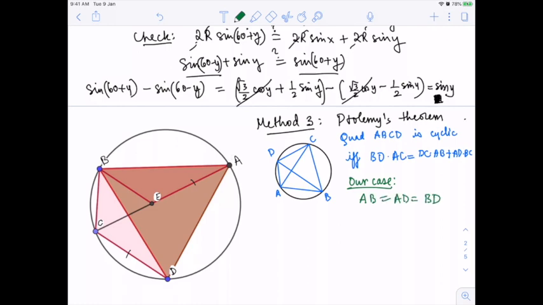Then notice this BD here, in this product AB, and in the last one AD are all equal, so we can cancel them. If you cancel BD, AB and AD in Ptolemy's theorem, what you get is AC is equal to DC plus BC. You see, in one line you get the answer. So if you apply Ptolemy's theorem, you can solve this problem in one line.